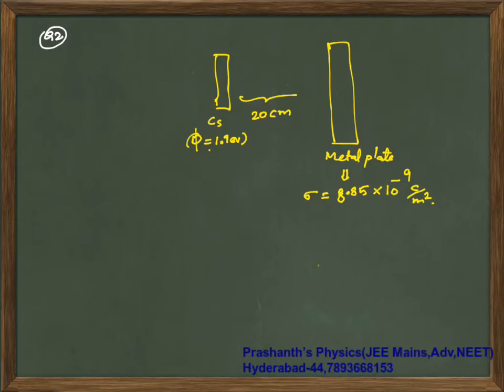What your question is: a monochromatic light of wavelength 400 nanometers. That means from here light is coming whose wavelength is 400 nanometers. Monochromatic light of wavelength 400 nanometer is incident on the cesium surface. Find minimum and maximum kinetic energy of photoelectrons reaching the large metal plate.